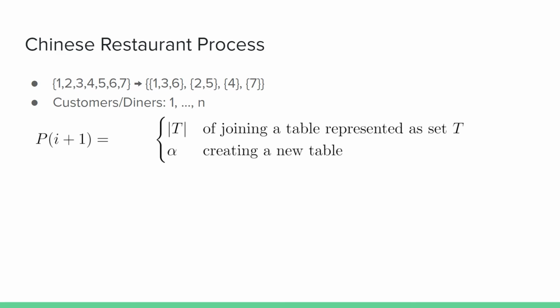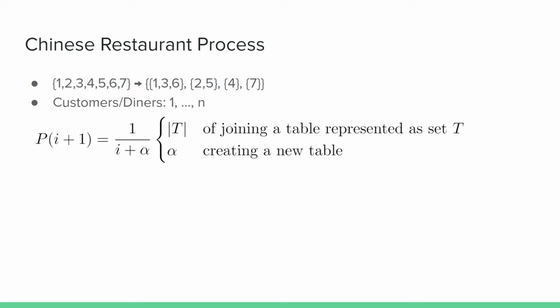After i customers have entered, when the i plus 1th customer walks in, they are preferentially attached to join a pre-existing table based on the number of people already at that table, but tempted to join a new table by some factor alpha. Thus, the probability of them joining a given table is the number of people at that table, say magnitude of t, and the probability of starting a new table is alpha, normalized by alpha plus i, so all the probabilities add up to 1.